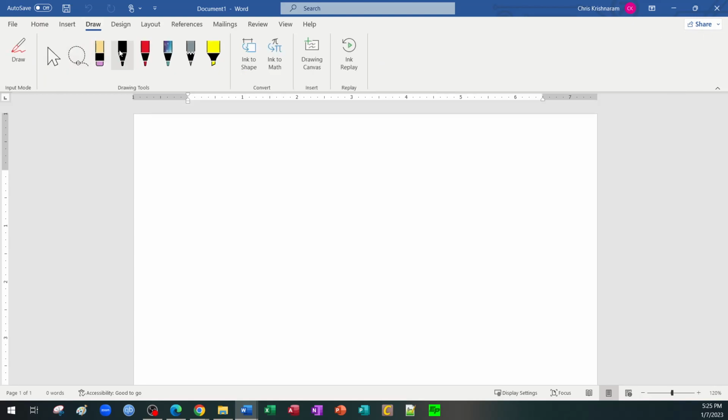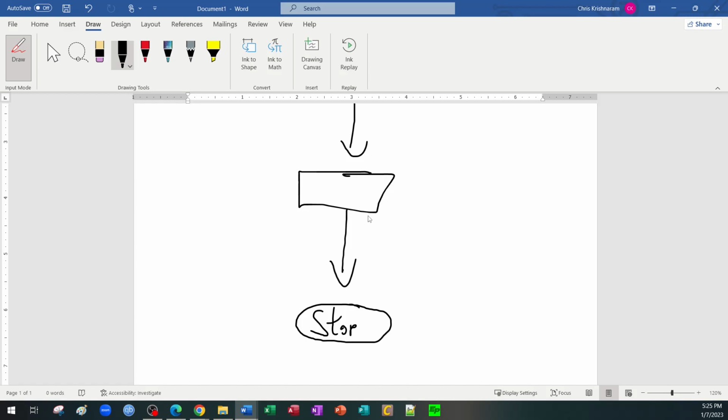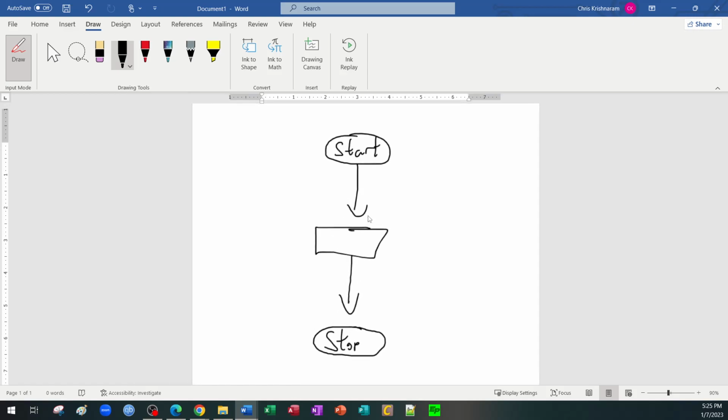Now remember, when you're creating a flowchart, you have to start with an oval and you put in the keyword start. And you draw your line, you put in the rest of your shapes, and you continue. Now remember, you must draw another oval and indicate stop. So this here is a flowchart, and we have a starting point and we have an ending point.